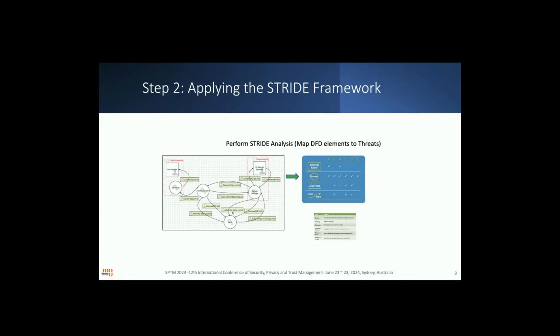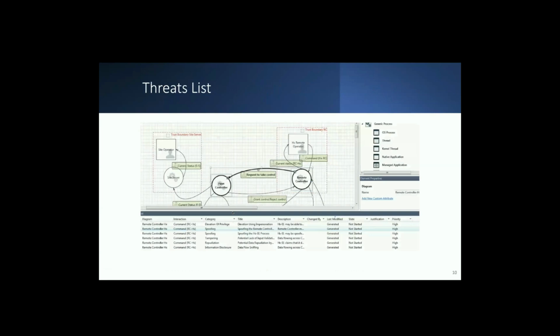For example, for all external entities, we will have spoofing and repudiation threats, or for the process, we will have all threats introduced by STRIDE, and so on for other elements. Then we run the Microsoft Threat Modeling Tool, and we get a threat list as a result.